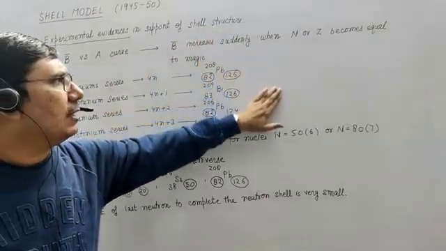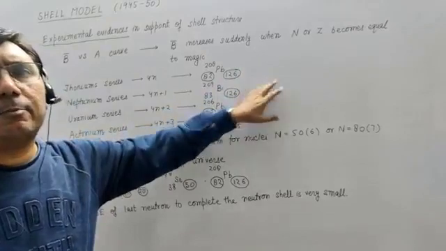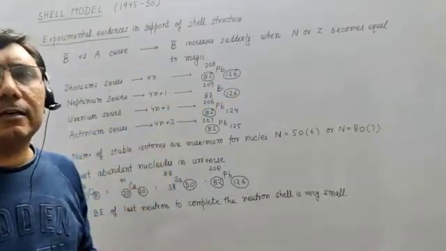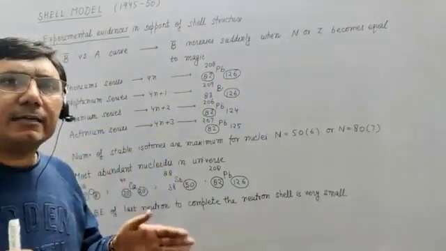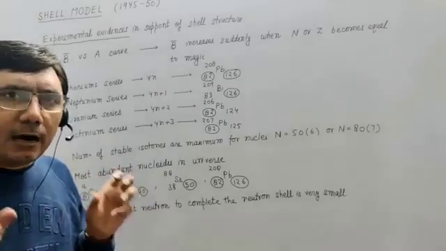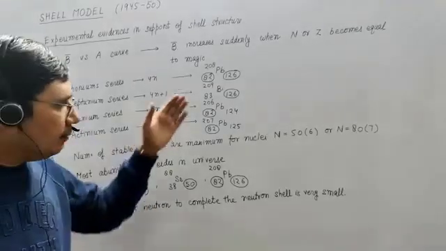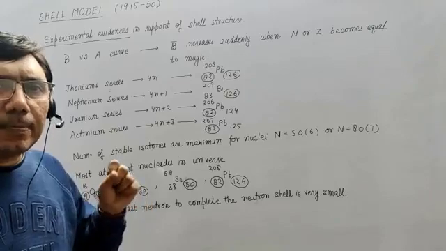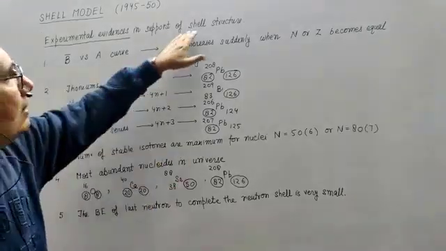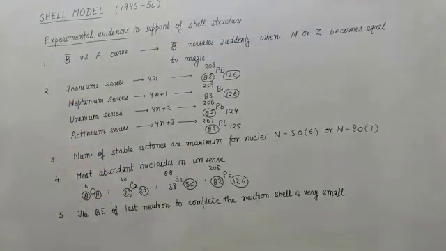I'm not saying that you can get direct evidence, but somehow these facts are focusing our attention towards the shell structure. So these are very important experimental evidences which enlightened nuclear scientists to think about the shell structure present inside the nuclei.